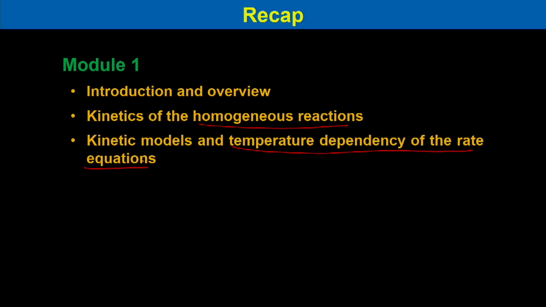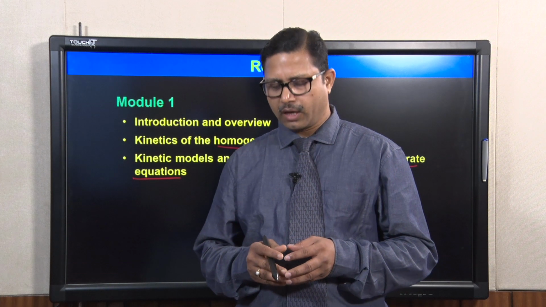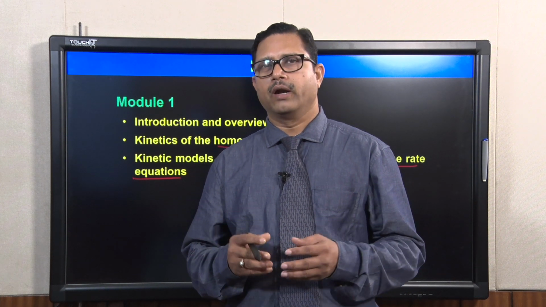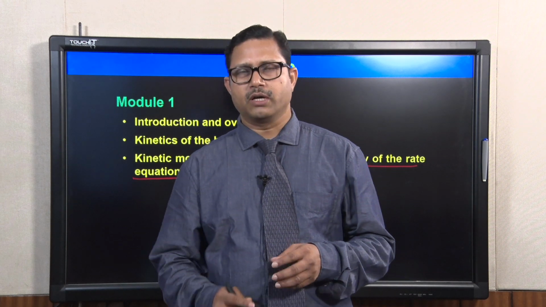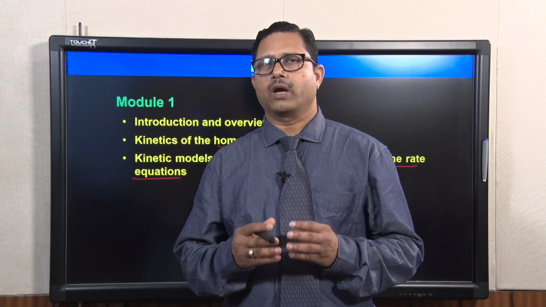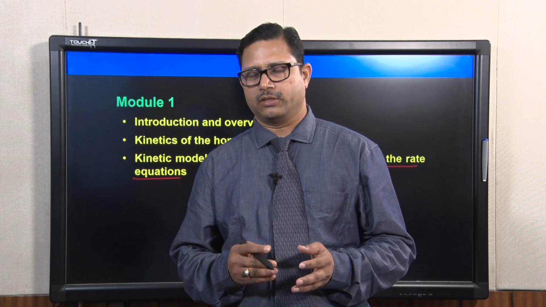That means the rate equation is a function of temperature and composition. The temperature dependency term is related to the rate coefficient, and the popularly well known equation is the Arrhenius equation, and we saw for a particular reaction how to calculate the activation energy.